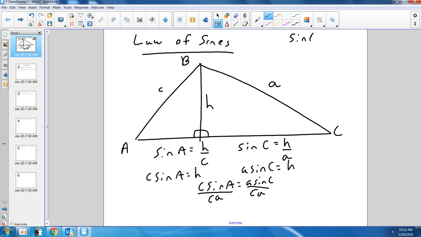So it's sine A over A equals sine C over C. And that's the general pattern of the law of sines. You can write it this way, or the other way, where you have the sides on the top and the sines on the bottom. Depending upon what's given in the problem, you'll want to switch this up to make it easier.